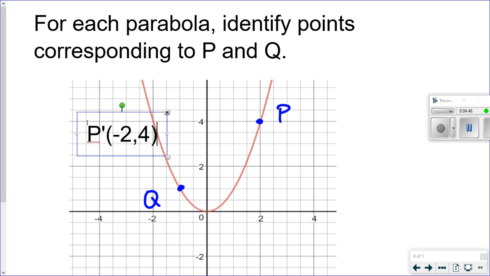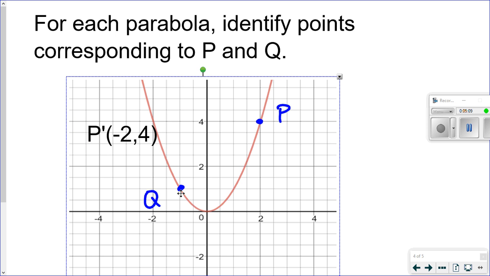Again, it's basically its reflection point on the y-axis in this case. Now, if this parabola was shifted over, it's not necessarily the reflection point on the y-axis. It'd be the reflection point on x equals whatever the axis of symmetry is. So P prime, which is right here, will be at negative 2, 4.